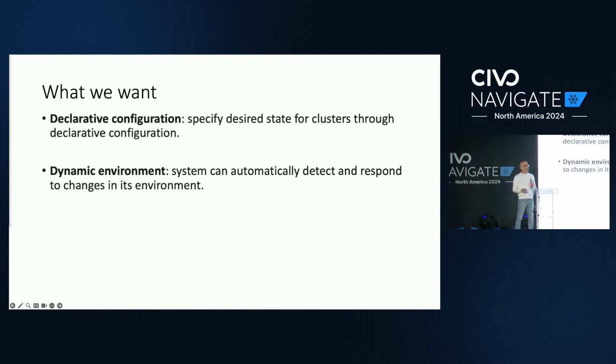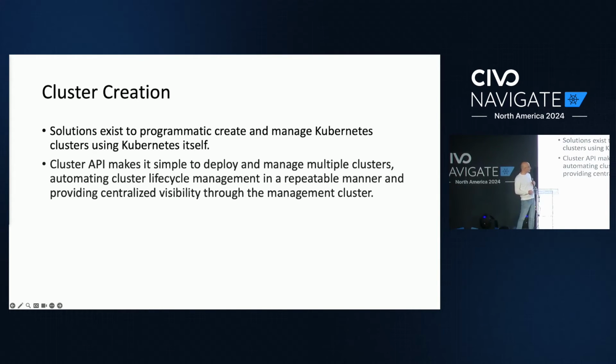So we started with a Kubernetes cluster, which we use as a management cluster. And from this central place, we want to be able to create clusters, upgrade clusters, delete clusters, deploy applications, delete applications, upgrade applications. So the first question is, if you have a Kubernetes cluster, can you programmatically create other clusters from this management cluster? And the answer is yes.